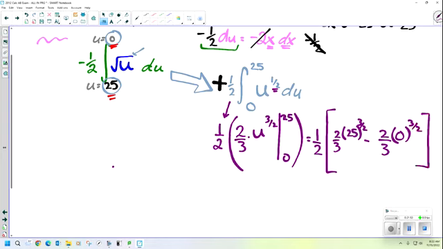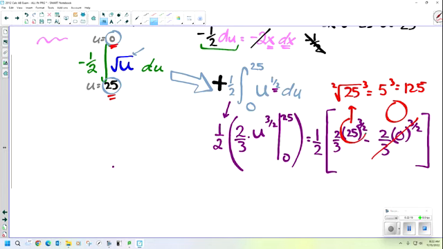Because if it's a 0, this goes bye-bye, just turns to 0. Now, top down, bottom out. It's the square root of 25, which is 5, cubed. So 5 cubed is 125. That wasn't bad at all. So this is going to be 125.